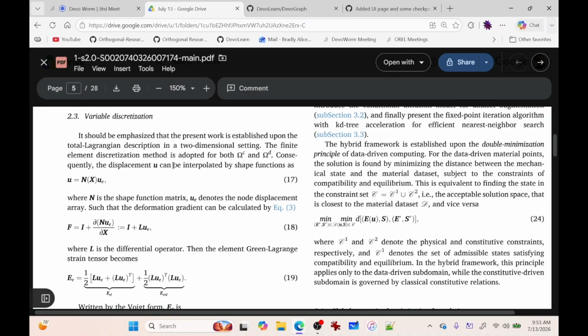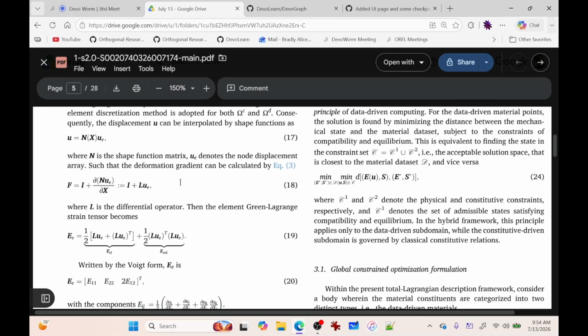Consequently, the displacement u can be interpolated by the shape functions in this equation, where N is the shape function matrix, and UE denotes the node displacement array. So we have this displacement of the stress-strain relations, and then we have the shape function matrix, and that's U. That's all Lagrangian.